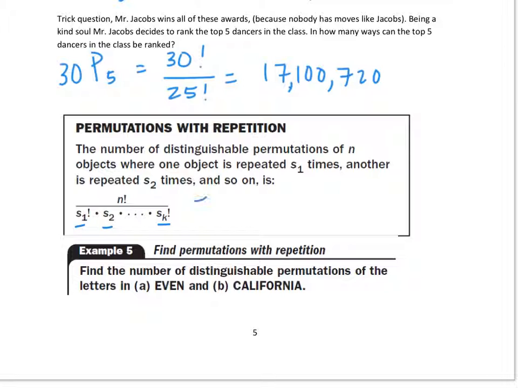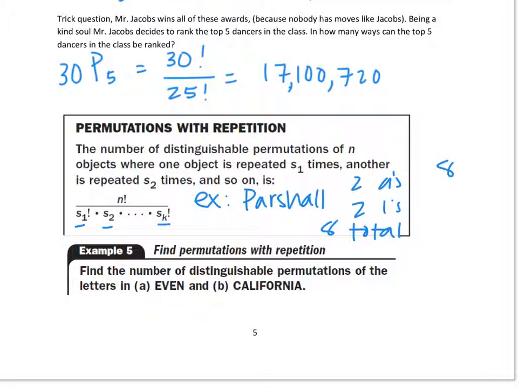An example of this, take for example my last name, Partial. If I wanted to mix up these letters in a different order, but still keep the same number of letters, well, I have 2 A's and 2 L's in Partial. So there are 8 total. So 8 would still go on top, but now I need to account for the fact that I have letters that are repeated.